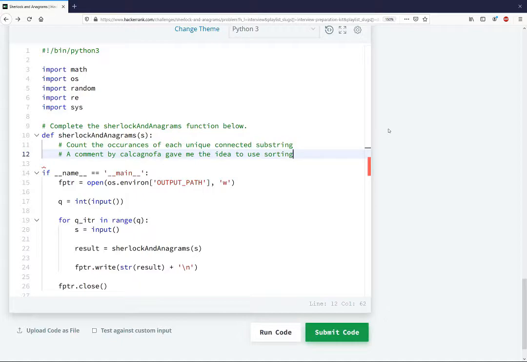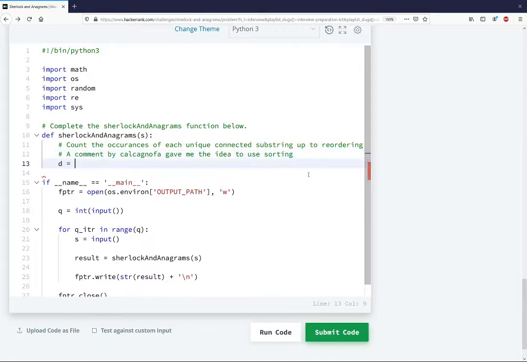And that's also necessary for defining this dictionary, because this dictionary counts the number of unique connected substrings, and I guess you could say up to ordering. So these substrings are unique up to reordering. So ABB and BAB would both be stored in this dictionary under ABB because that's sorted.